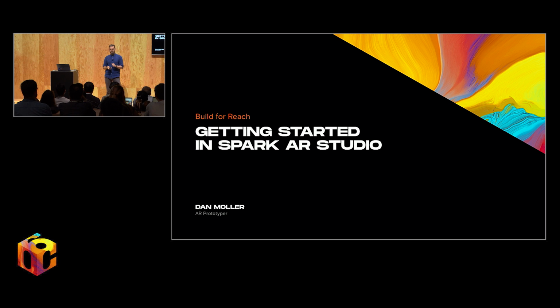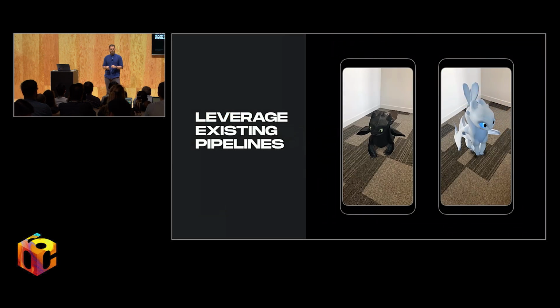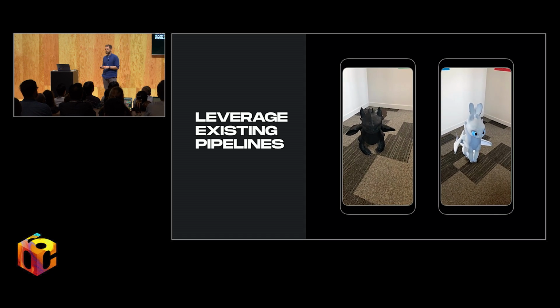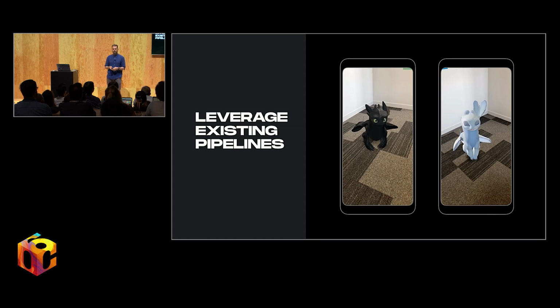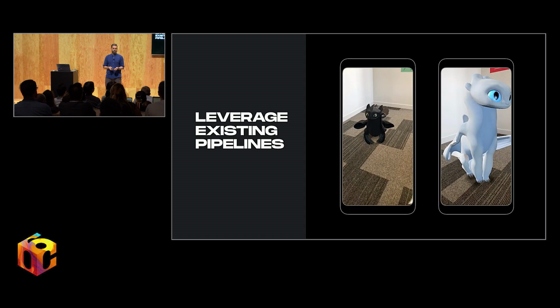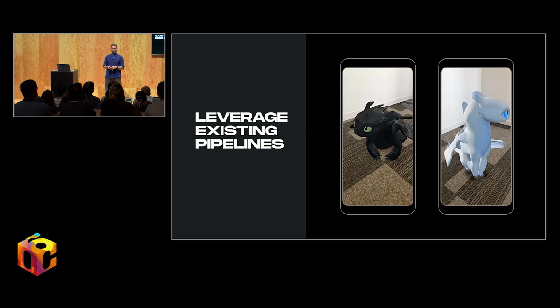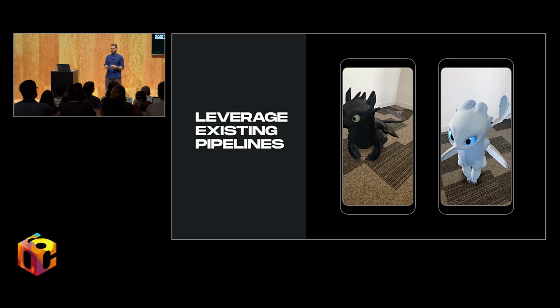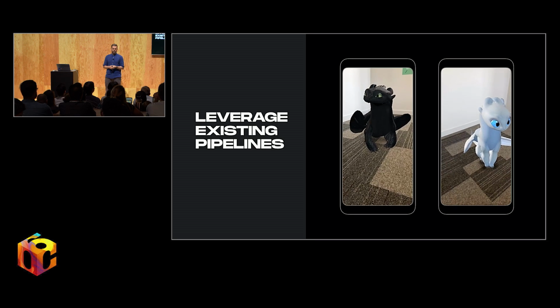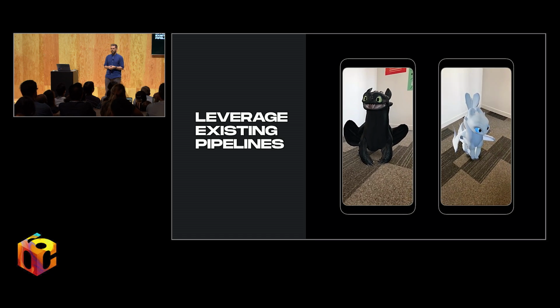So first, I'm going to get started by showing you some great examples and a bit of background info, like this project featuring the two effects created by DreamWorks using Spark AR Studio for the Facebook camera. They feature Toothless and Light Fury on the left and the right from How to Train Your Dragon, which were adapted from the original film production assets. They were also used for an accompanying VR experience.